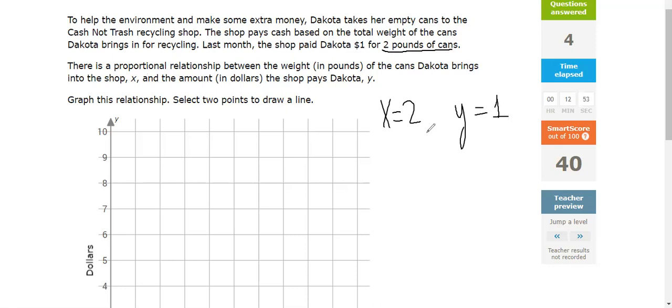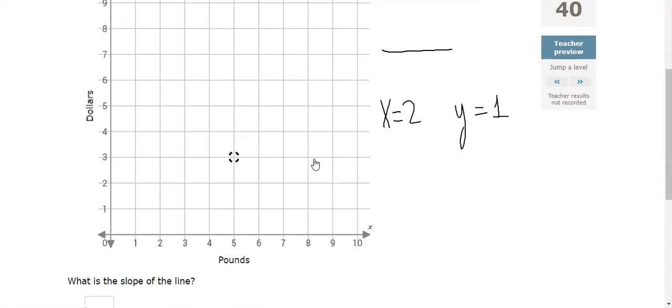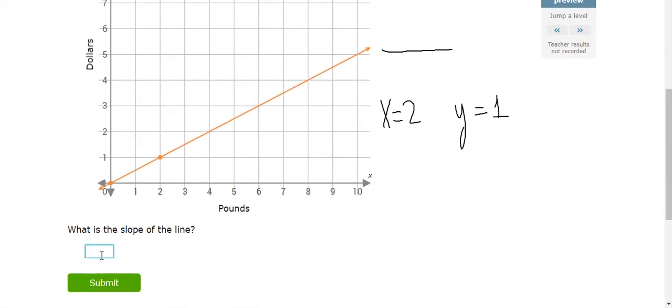Now I'm going to use this information in my graph. In order to draw my proportional graph, when X is 2, Y is 1, and then 0, 0, which is the center, the origin. The proportional graphs will pass through the origin. What is the slope of this line?